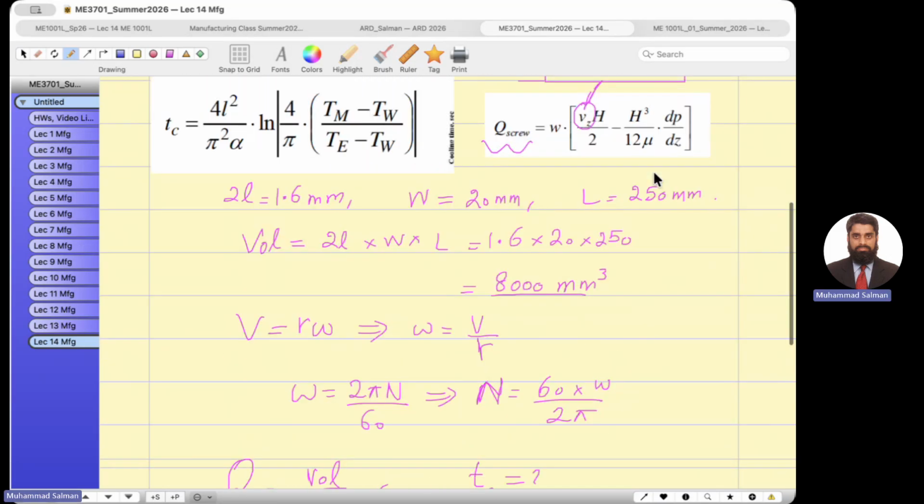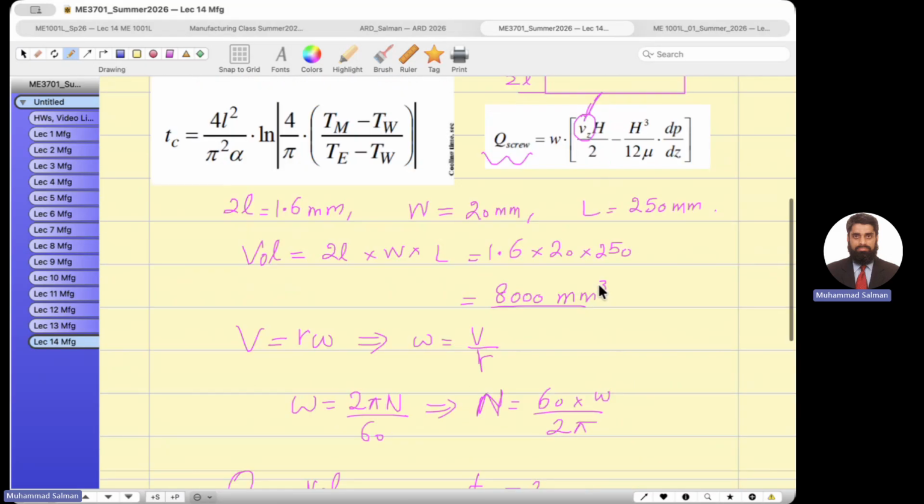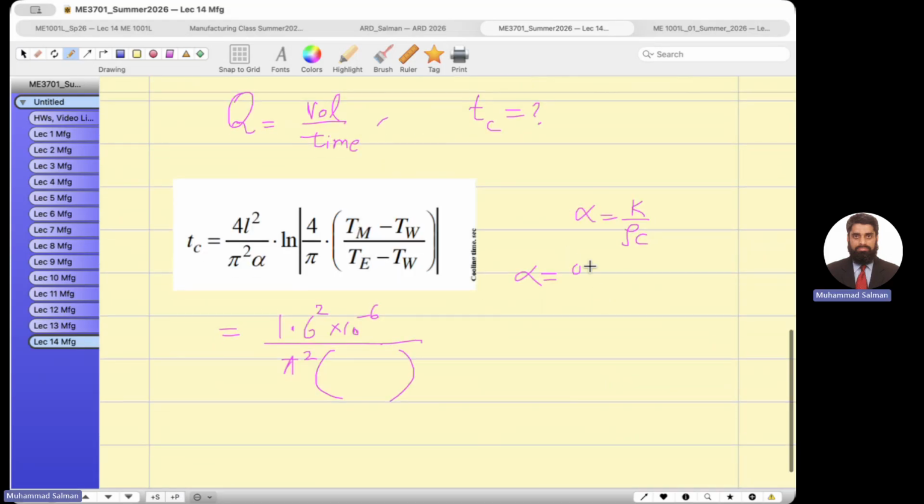Okay, now let's plug it in. I want to find out alpha. Alpha equals K value, which is 0.3, divided by rho.